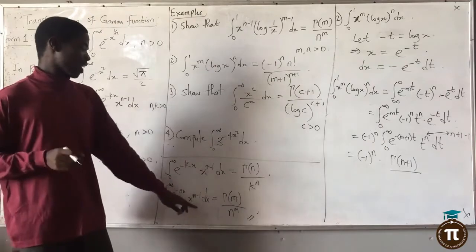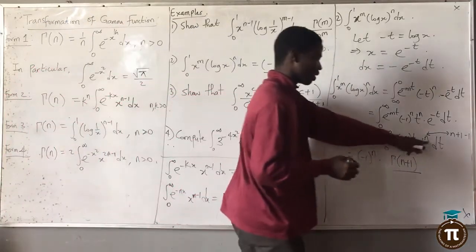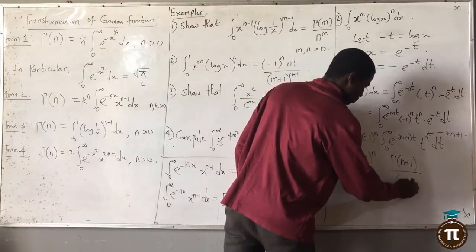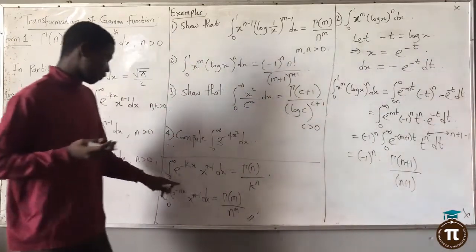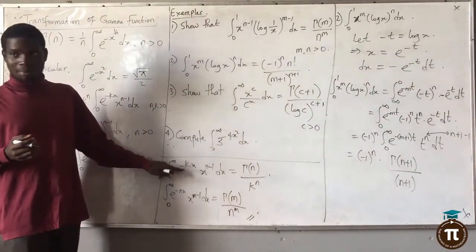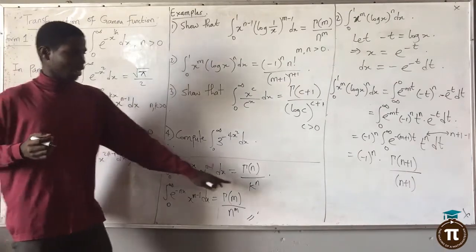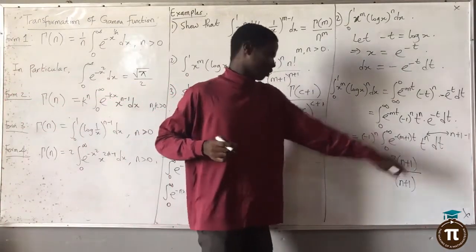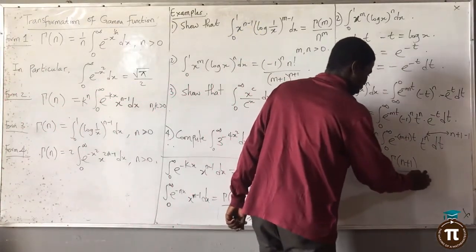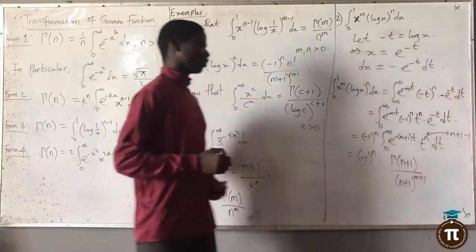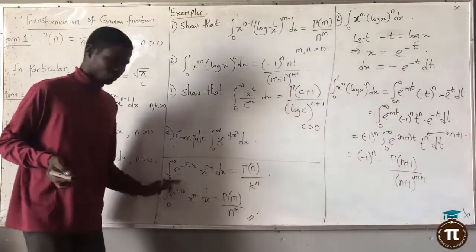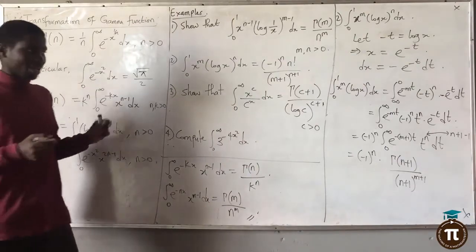What is n here? n is n plus 1. Don't forget, I have n plus 1 raised to the power of, what is here? Minus ks. The k here is n plus 1. So I have n plus 1 here.